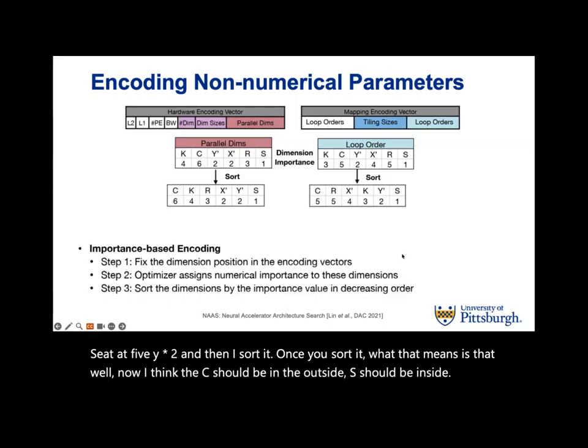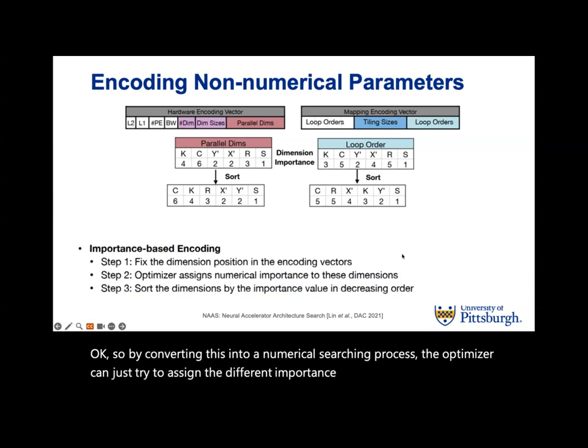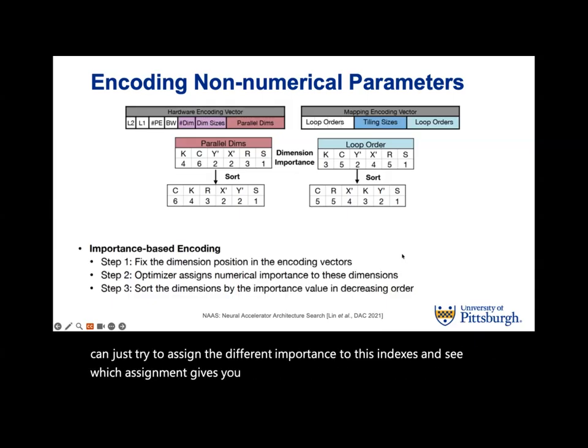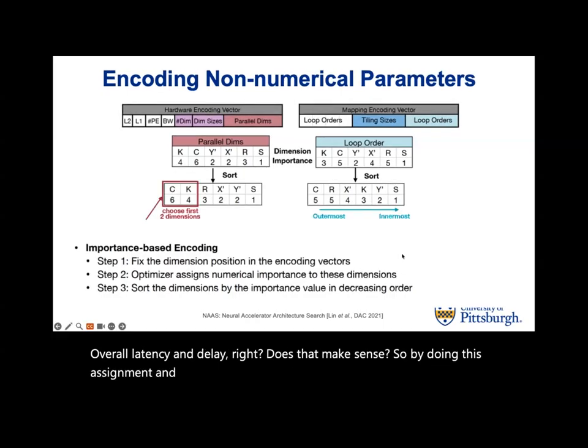By converting this into a numerical searching process, the optimizer can just try to assign different importance to these indexes and see which assignment gives you the best overall latency and delay. Does that make sense? So by doing this assignment and this sorting, you can optimize this.